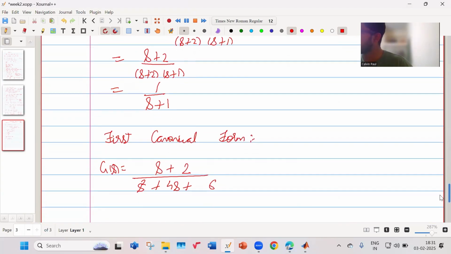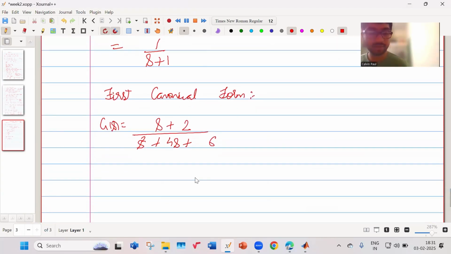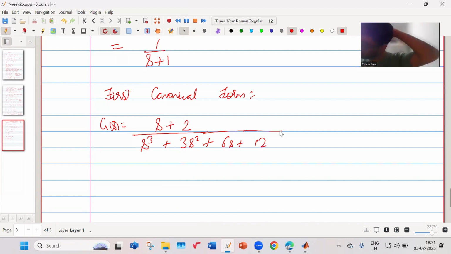To make it a little bit more challenging, let us make it s cube plus 3s square plus 6s plus 12. Okay, so this is our transfer function and we want to represent it in first canonical form.